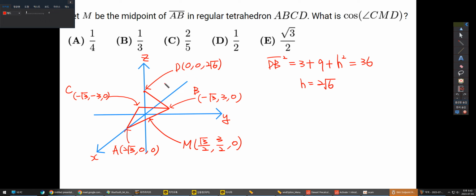Yep, and then CMD. Now we can find the angle of this CMD.